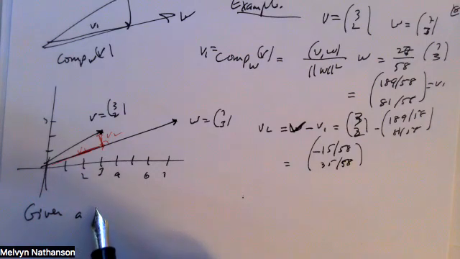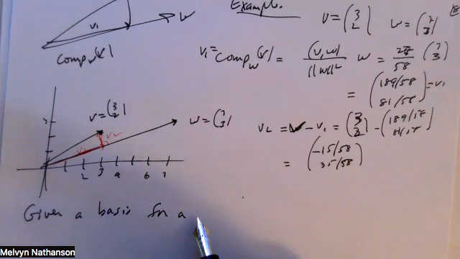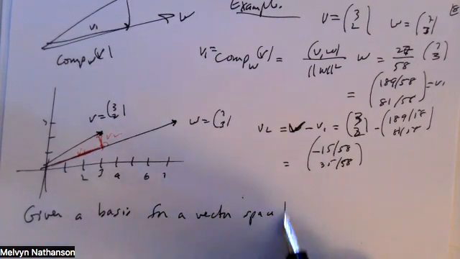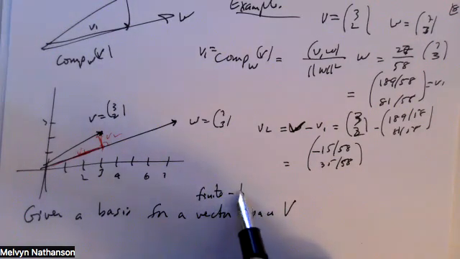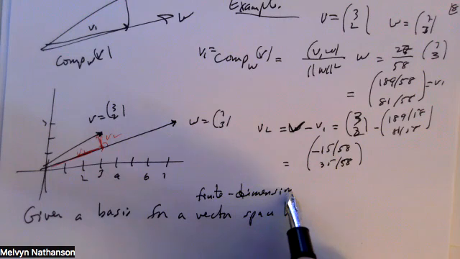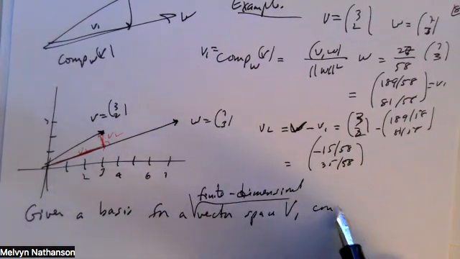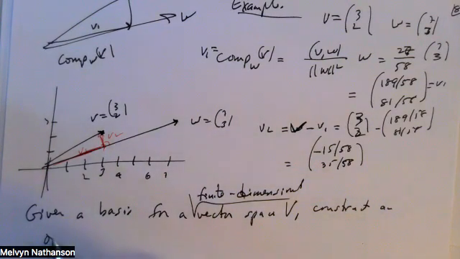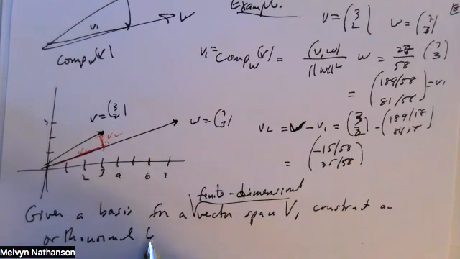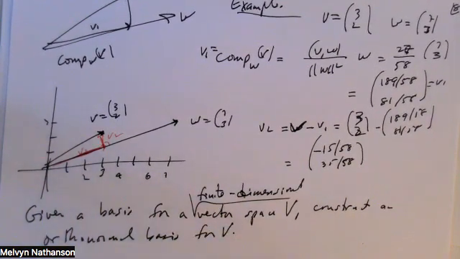Given a basis for a vector space V, finite dimensional, construct an orthonormal basis for V. So an orthonormal basis is a basis of unit vectors that are mutually orthogonal or perpendicular, and it still is a basis.